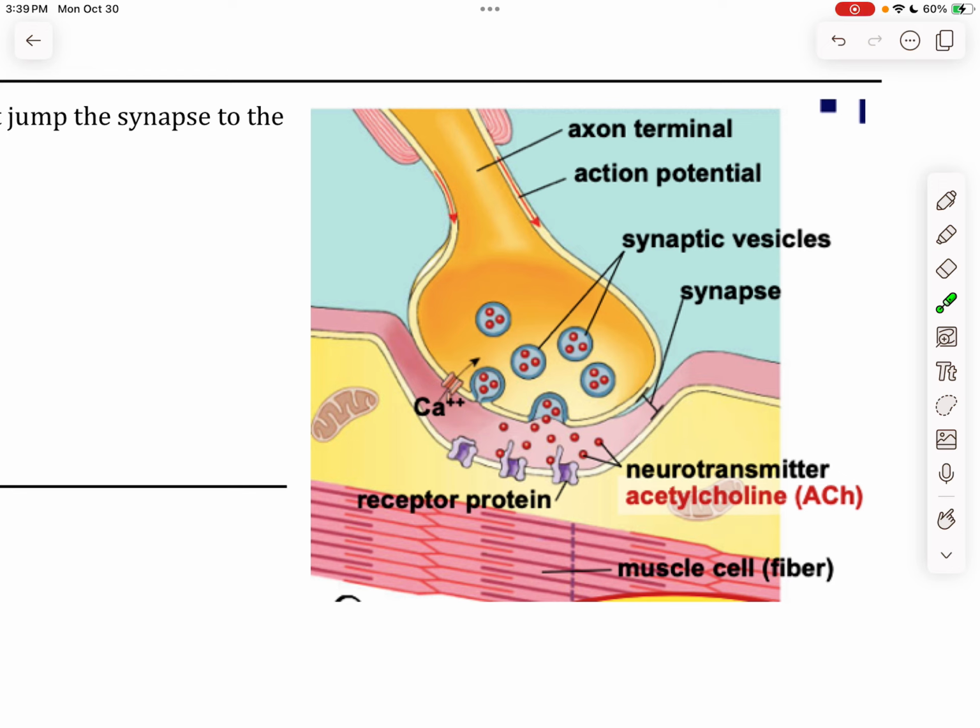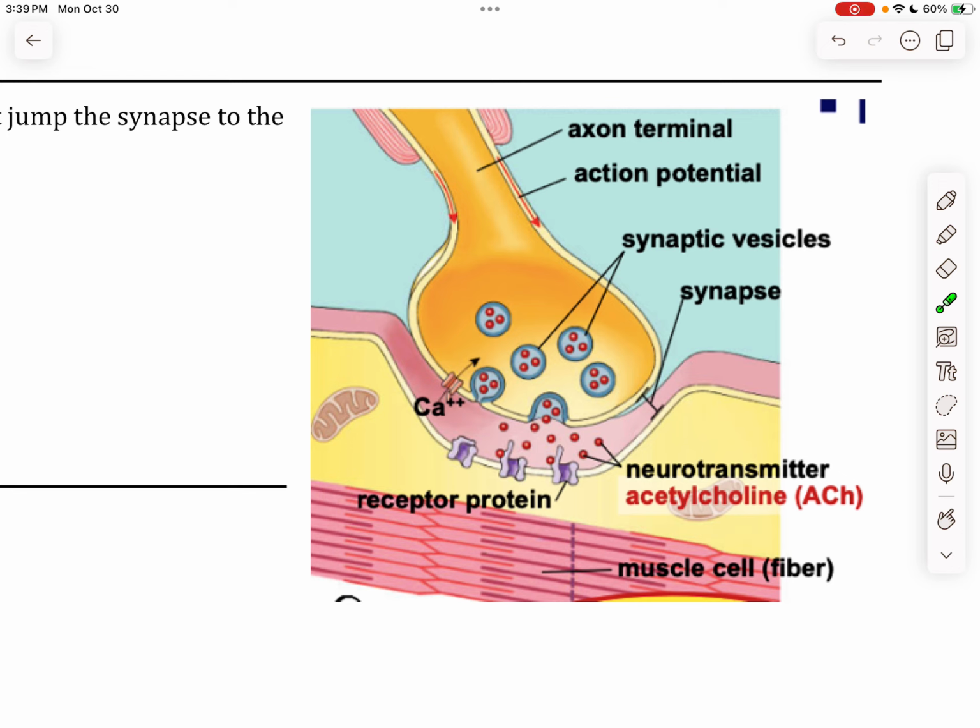So in this case, this postsynaptic area is actually an effector, like a muscle fiber. So we're going to be stimulating a muscle tissue, and that's why we have acetylcholine. Acetylcholine is a neurotransmitter that will tell muscles to move, okay? So that's one example.